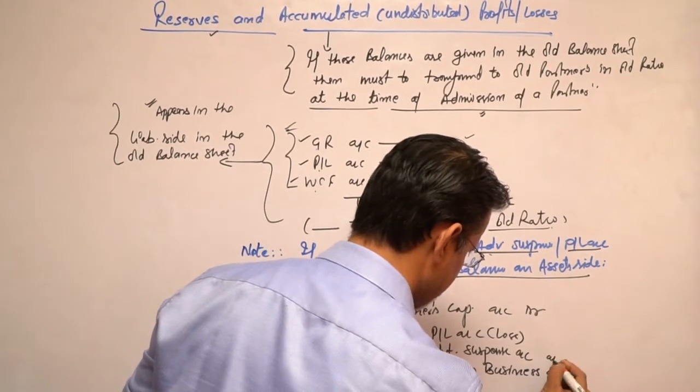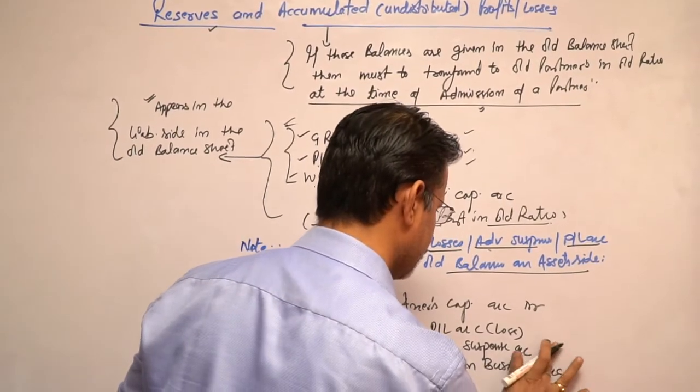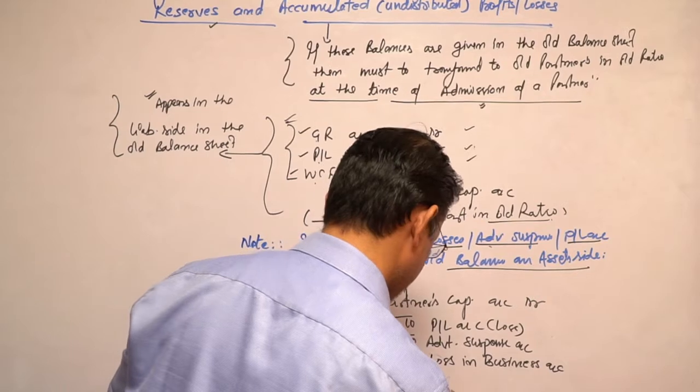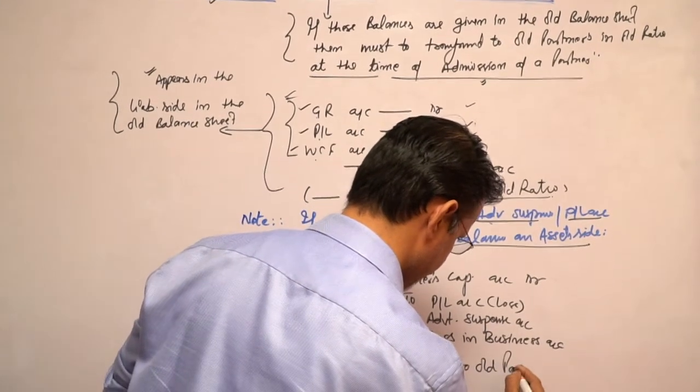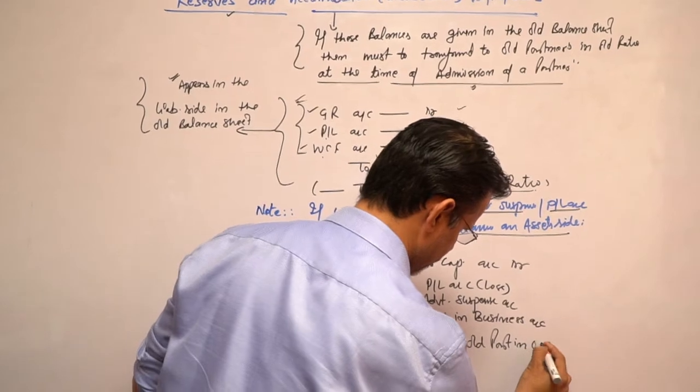Again, these losses are also transferred to the old partners in the old ratio.